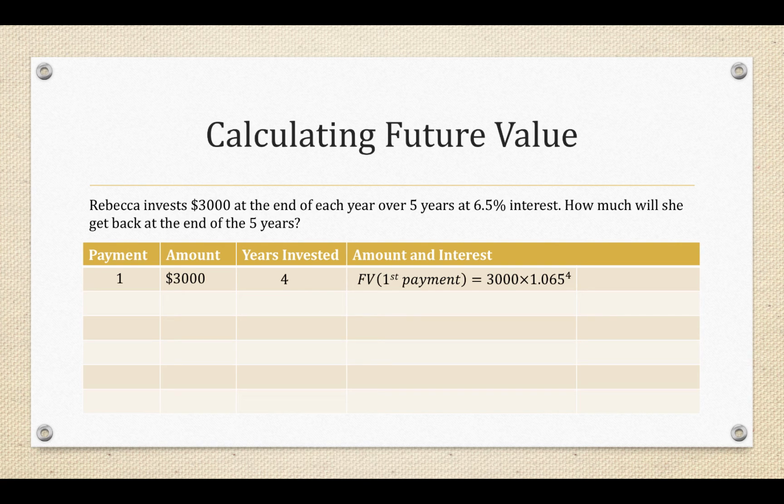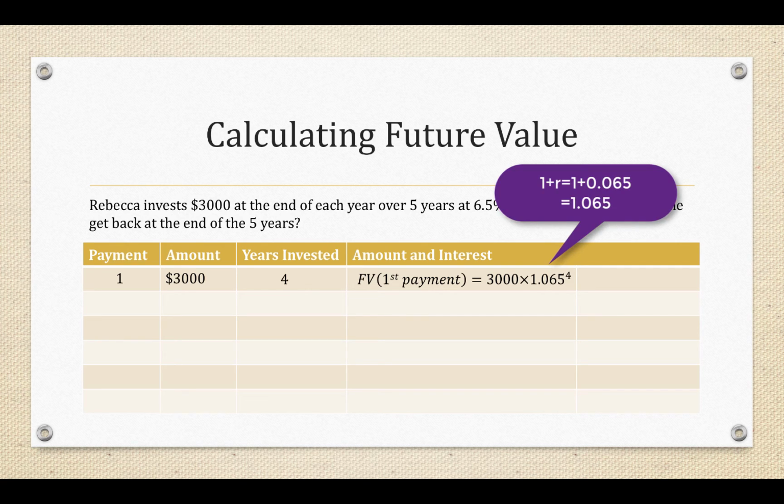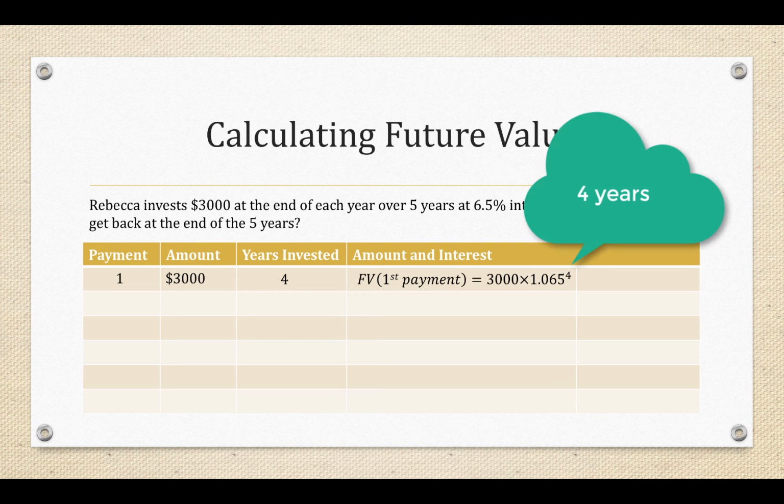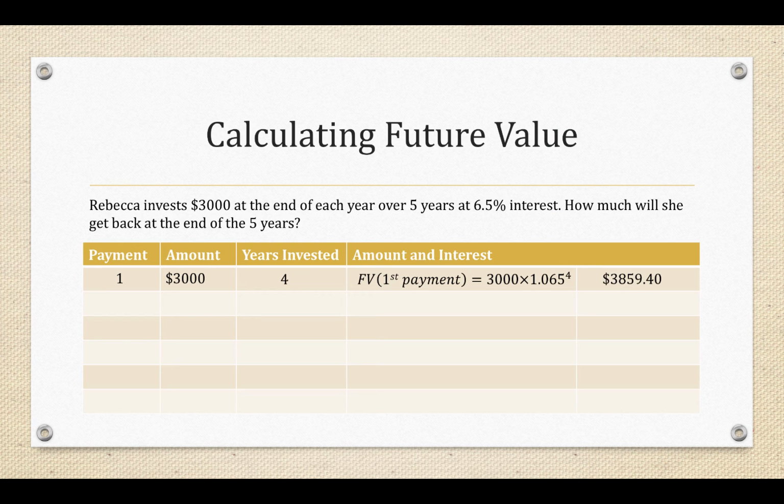Now your 1.065 is your 1 plus your R. So that's 1 plus 6.5% or 1 plus 0.065 as a decimal. And the 4 is because it will be there for 4 years. So her first payment at the end of the 5 years will be equal to $3,859.40.